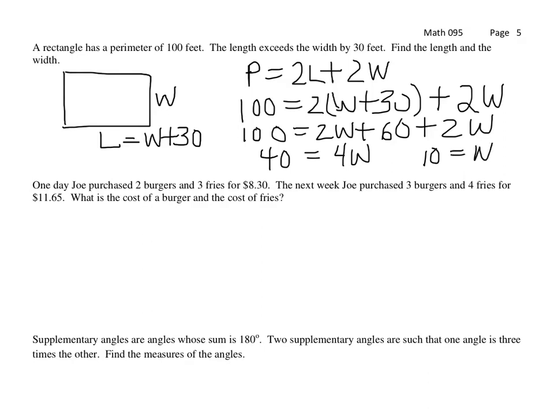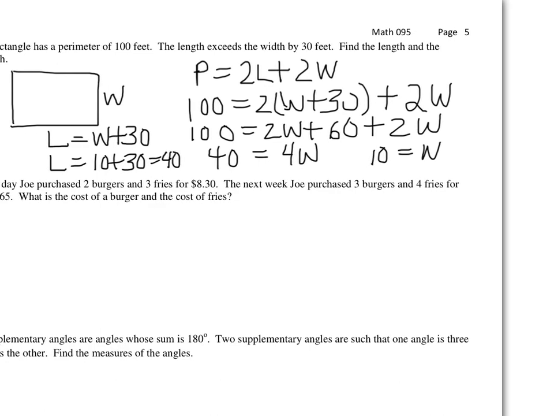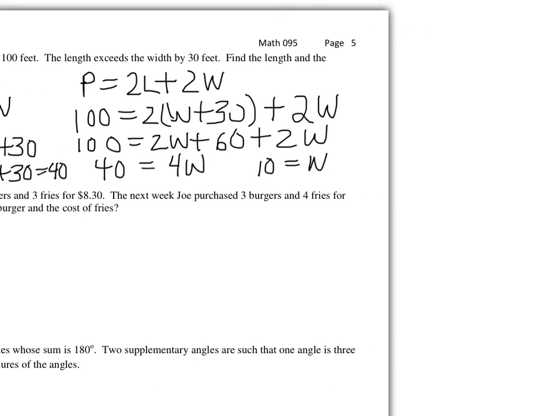If W is 10, what is the length? 10 plus 30, that's 40. So this rectangle is 40 feet by 10 feet. And that's the answer.